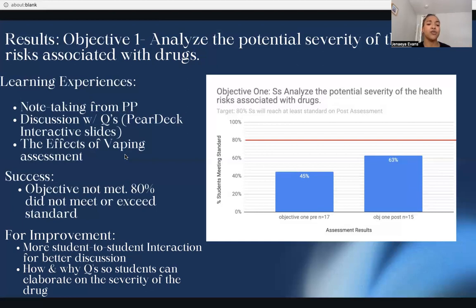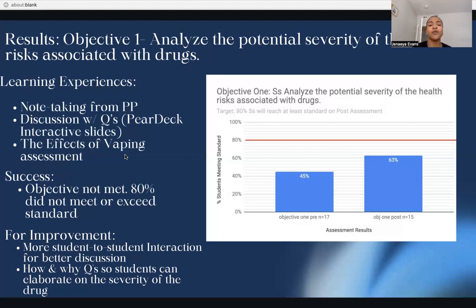But just looking at what ways to improve, like I said before, it needed to be looking at the lessons as a whole. It needed to be less of me lecturing and giving more responsibility to the students, so that way I could hear from them more.